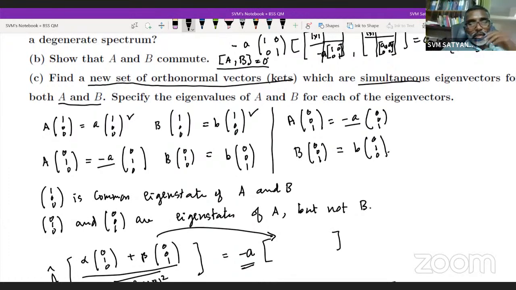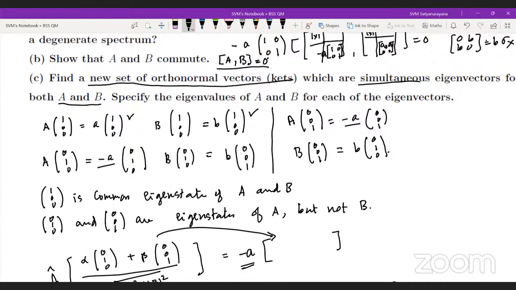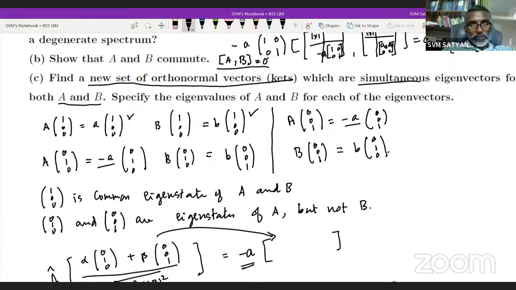So the concept is something like that. If A has a degeneracy, then you are guaranteed that there exists another operator B which commutes with that. And if you have two operators commuting with each other, then you can find a complete set of common eigenstates to those two operators.